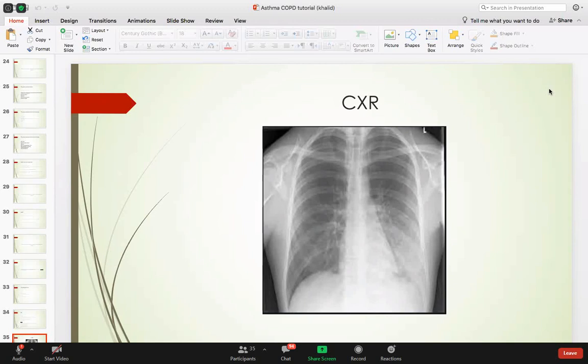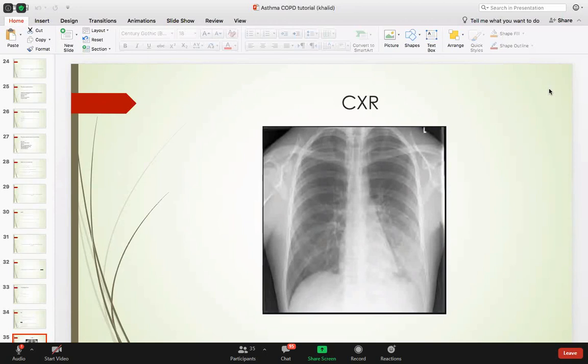Increased consolidation in the lower left side. There is a consolidation in the left lower side. We don't have to say increased. You know, consolidation is abnormal in chest x-ray. So you're right, consolidation in the left lower side.